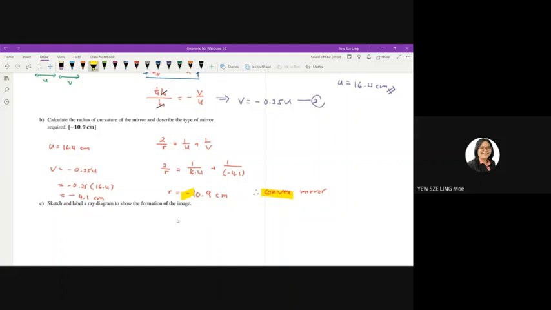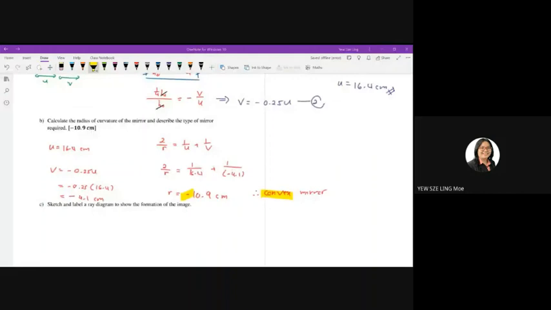So sketch the formation of the image. For a convex mirror, you have only one answer, so basically you just sketch that diagram. Let me crop the diagram.